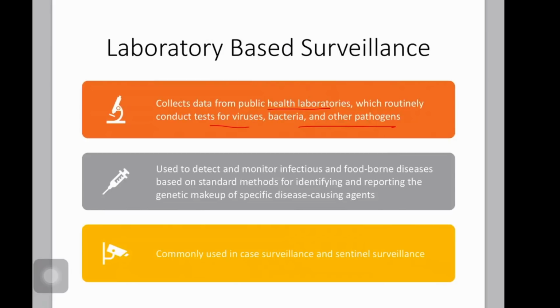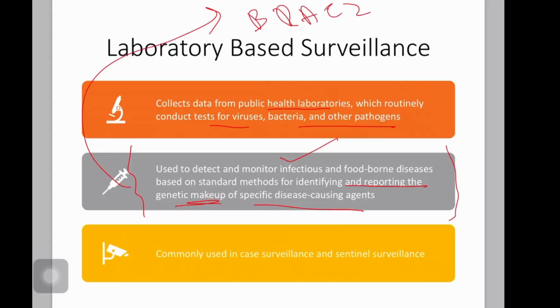This is used to detect and monitor infection, and also foodborne disease. We can even look for the genetic markup, for example whether people have a certain gene expression, or we see upregulated genes like BRCA2, and those people will have chances of breast cancer in the future.